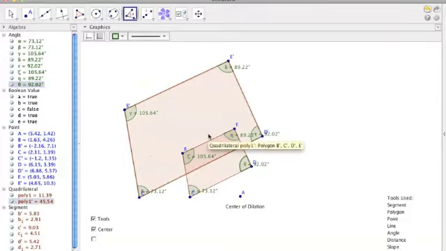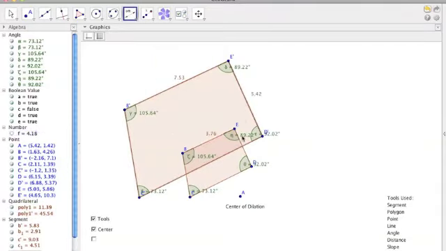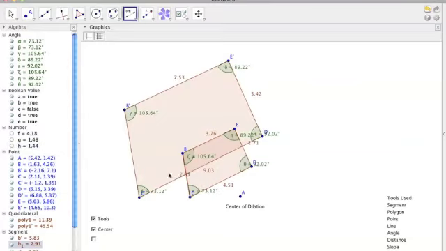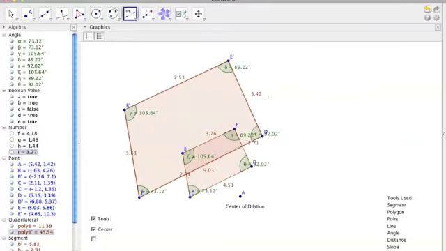We can also verify some of our more intermediate properties, like seeing if all of the sides increase proportionally. And I can do that using this distance tool. This one's a little bit harder to see. You have to do a little bit of math to verify this.